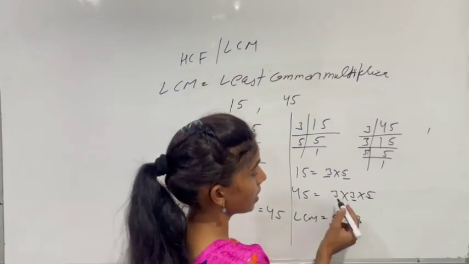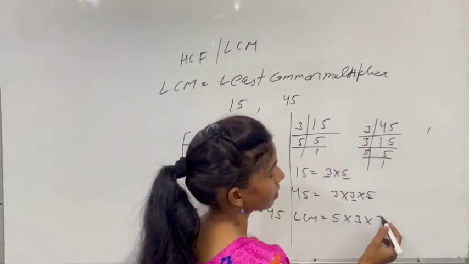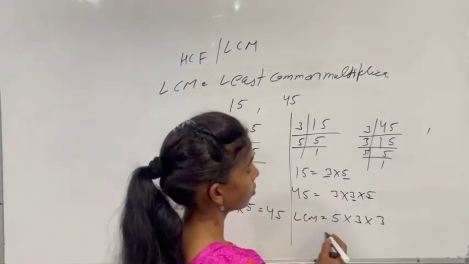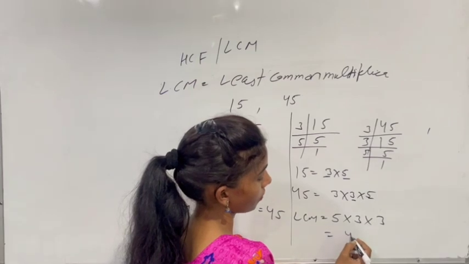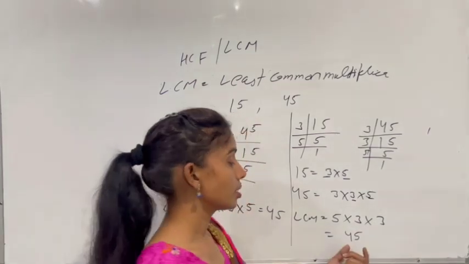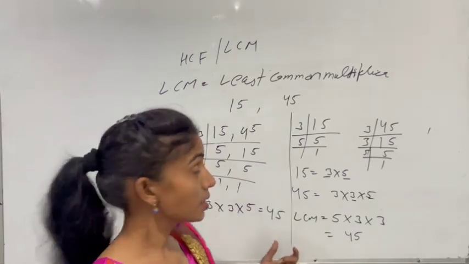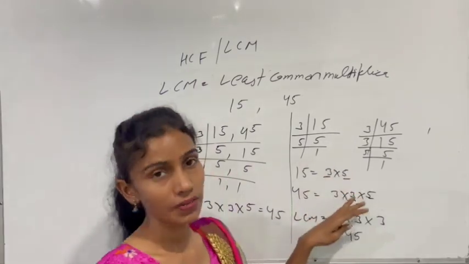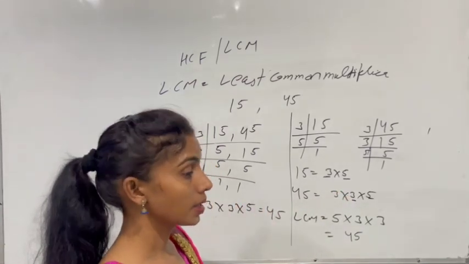Here is another 3, it's not common but remains. So we multiply these numbers: 5 threes are 15, 15 threes are 45. So our LCM is 45. So we find LCM by both methods, the division method and the prime factorization method.